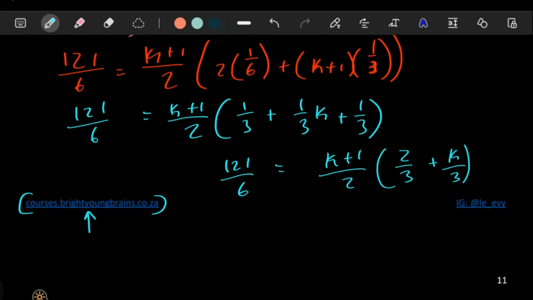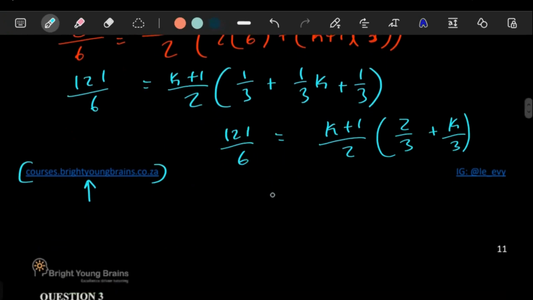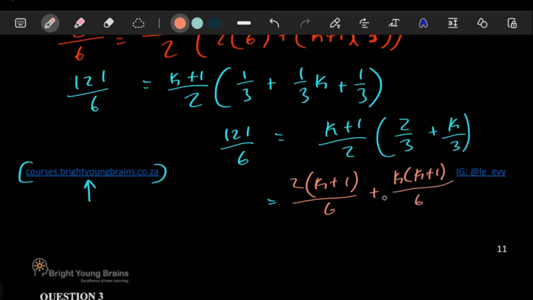In this situation, you could just multiply this fraction inside. A fraction times a fraction, you work with the top. This is going to be times 2 here over 6. And then this times that is going to give you k with k plus 1/6 also. This is also over 6 here.